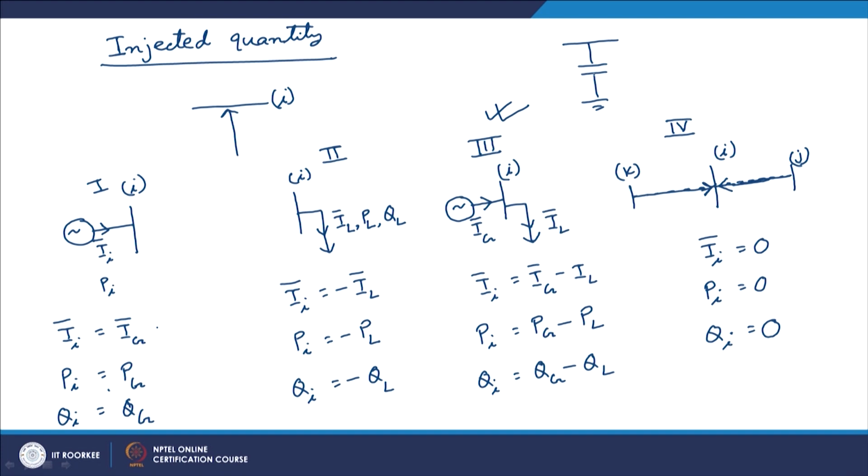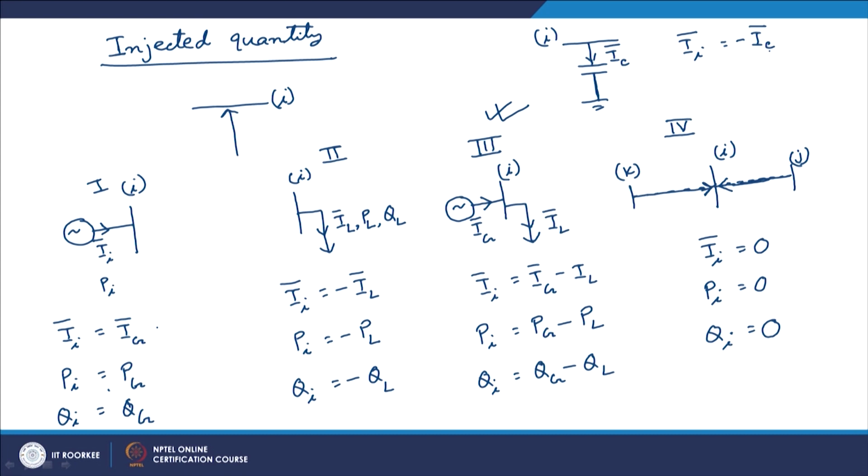If the current drawn by this capacitor, moving away from bus I, is IC, where C stands for capacitor current, we say that the injected current at bus I would be equal to minus IC. Remember, this capacitor is connected in shunt with the bus. Similarly, if instead of a capacitor there is an inductor connected at this bus, drawing a current of IL, then in that case also Ii would be equal to minus IL.